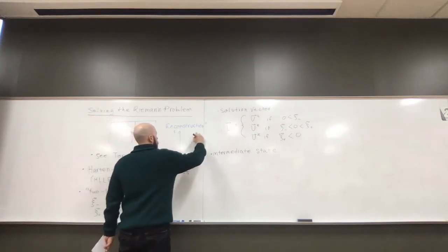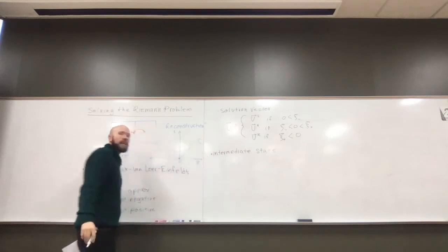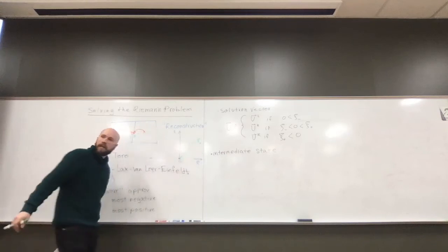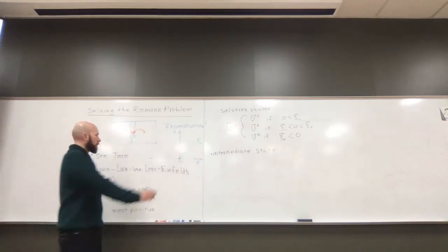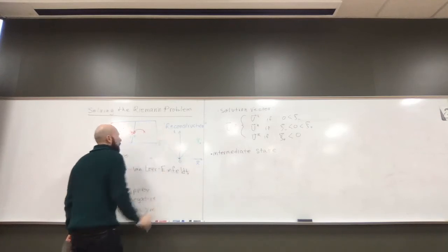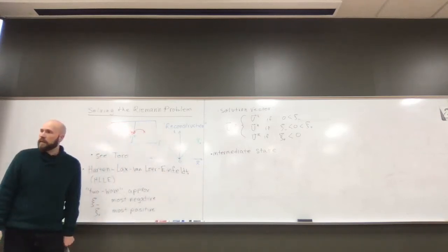There is a characteristic that moves out this way, ξ plus, with that speed, right? So the slope of this thing is ξ plus. That's that characteristic. Other direction, ξ minus. Slope of that thing is ξ minus.